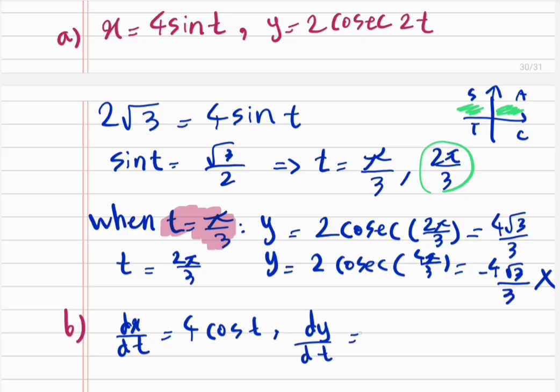so cosec 2t differentiates. Cosec t in general differentiates to minus cosec t times cot t, by using the standard result.